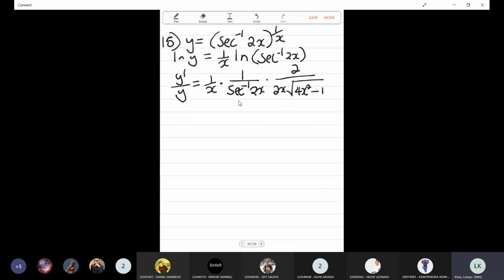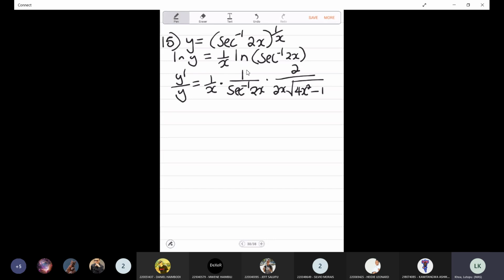Then the second part was still not done because we, no, that is the first part. Then the second part is the derivative of 1 over x, and then we multiply that by ln of this.